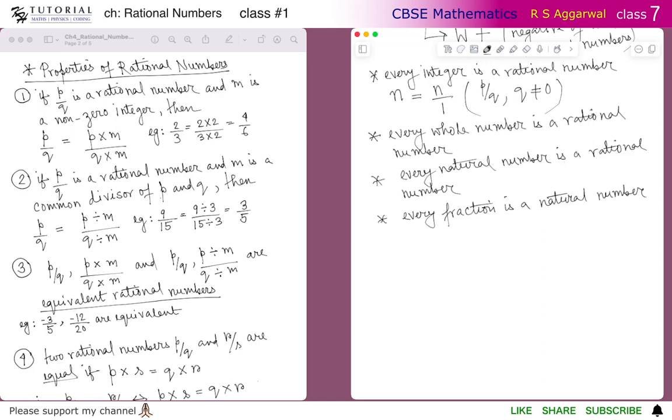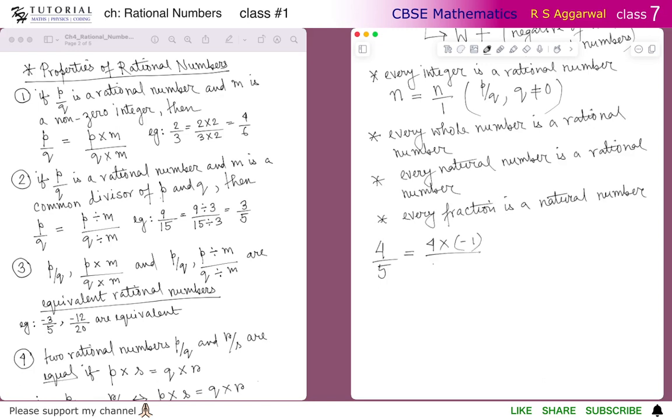So, for example, if we have any rational number, let's say 4 by 5, I can multiply it by any integer. Remember, I am multiplying it with any non-zero integer. It cannot be 0, and I will have the same rational number. So, let's say I can multiply by -1.